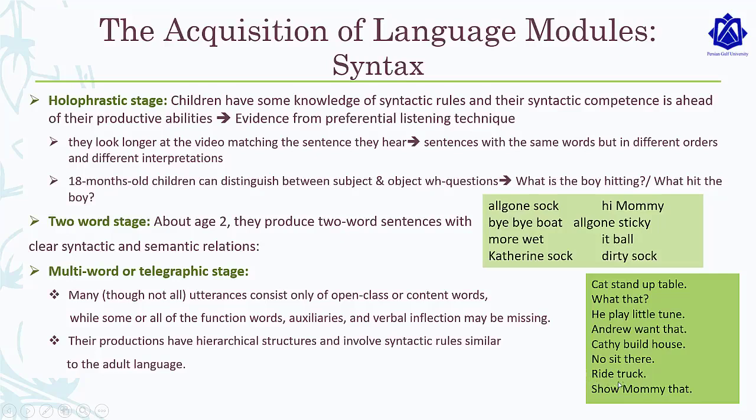If it is imperative, what we have here is a V, and after that an NP, so V NP. Or here, like all the double object structures, we have like give mommy the book. Here we have show mommy and that.